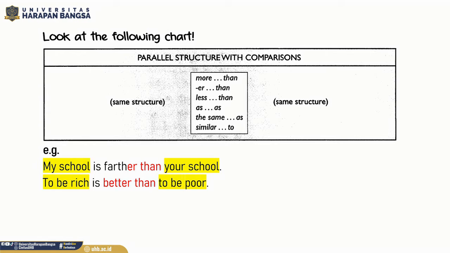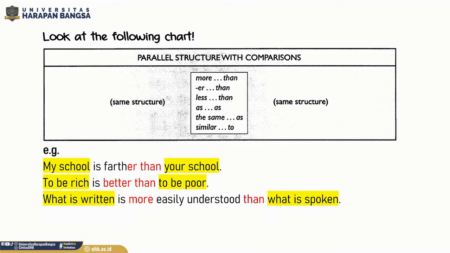It's from the adjective good, and when it is comparative, it must be changed into better. And then, what is written is more easily understood than what is spoken. The same structure, what is written and what is spoken.